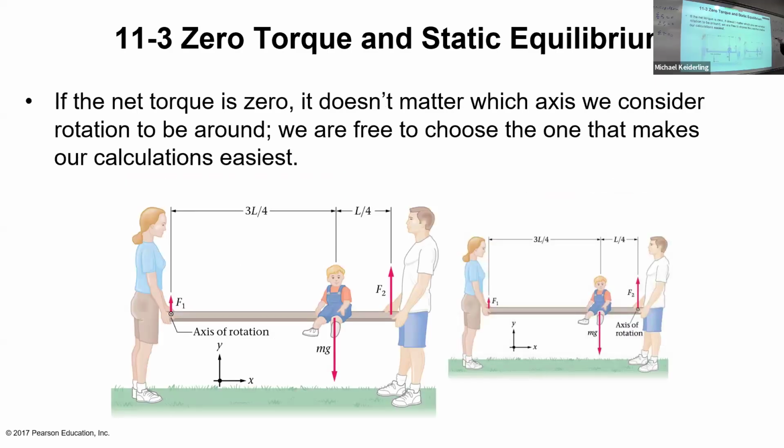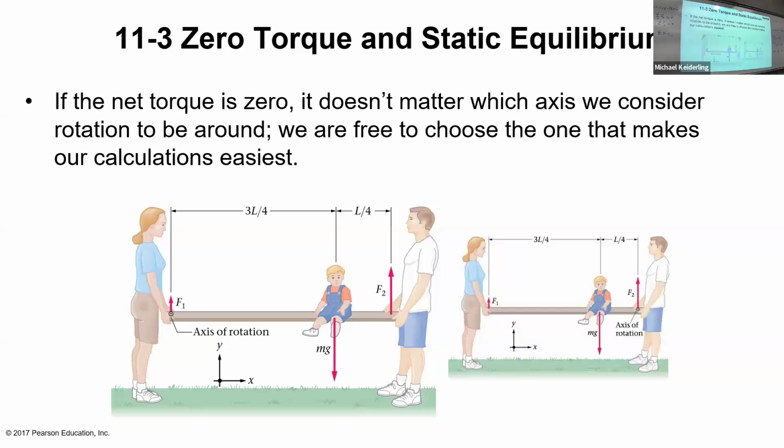So if the net torque is 0, it doesn't matter what axis we choose rotation to be around. So often it's quite useful to choose the one that makes your calculation easiest. In general, the easiest way to approach this is often to put the axis of rotation where you have unknowns.